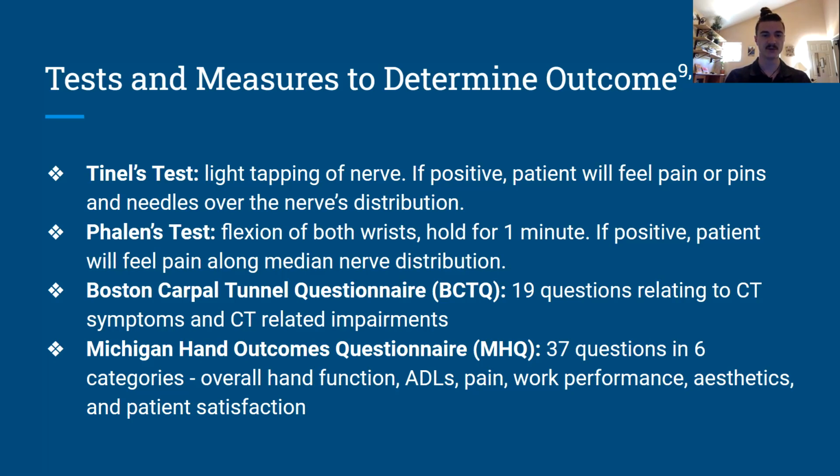And then a bit more specifically, there's the Michigan Hand Outcomes Questionnaire, the MHQ, and this has 37 questions with 6 categories, and these span from overall hand function to things that they do day to day, their overall discomfort level, how it's impacting their work, how it's impacting their overall aesthetics, their hands, if their hand is looking different due to atrophy, and then overall patient satisfaction.